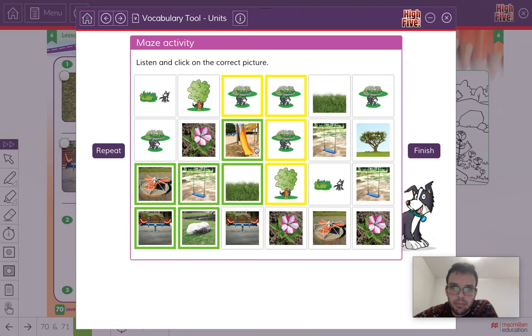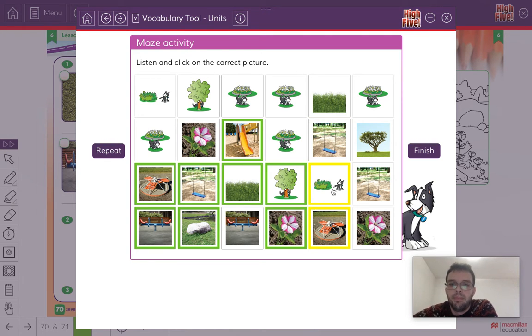He's behind the tree. Which picture is behind the tree? That's right, this one. We can see a flower. That's an easy one. It's this one. He's near the grass. Which picture? That's right, this one.